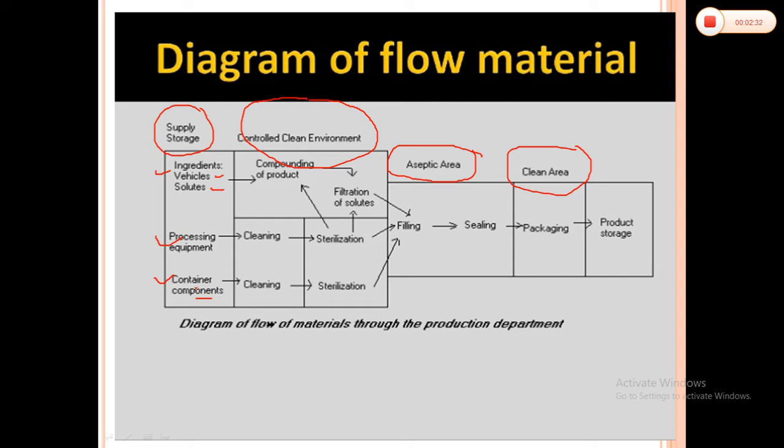These have been released for use and are drawn from their respective storage areas. It's not that these materials are stored in one area. There is a specific area for ingredient storage, and a specific area for container storage or processing equipment.